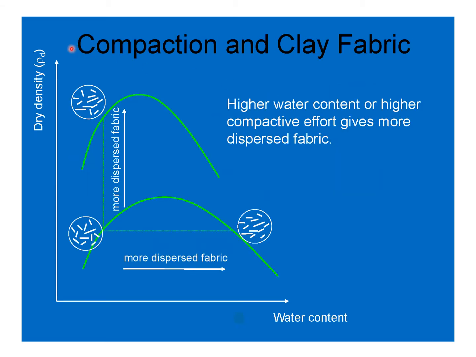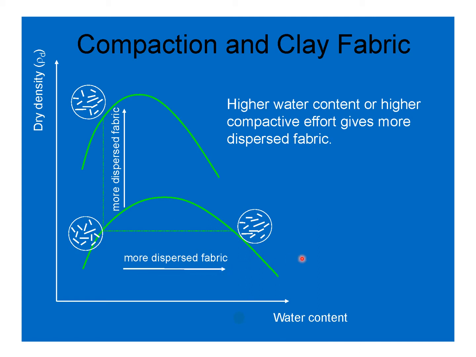Another important aspect of compaction is clay fabric. Higher water content or higher compactive effort gives a more dispersed fabric. If you look at this compaction curve, with the increase of moisture you have more dispersed fabric in this direction.